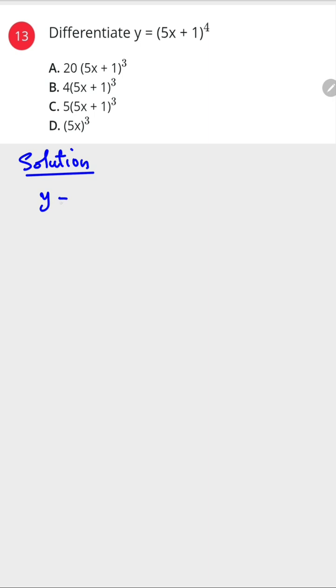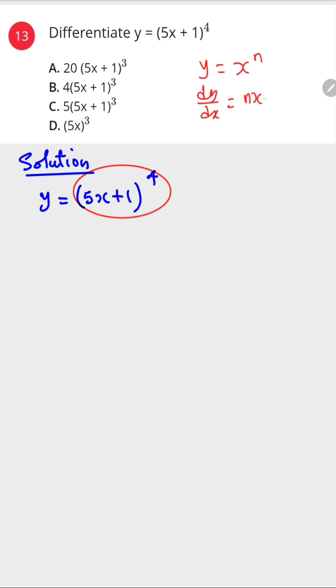We have y equals 5x plus 1 all raised to power 4. In doing this, you should see this as just one thing. Remember I said if you have y equals x raised to power n, then dy by dx is n x raised to power n minus 1. So you look at this as one thing.